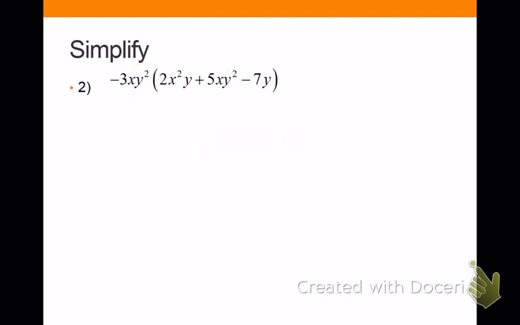Okay? Number 2. Doesn't get a whole lot more complicated when we add variables. Still going to distribute because I'm multiplying this monomial times this entire polynomial, this trinomial. So when we do, we take the negative 3 times 2 and get negative 6. X to the first times x squared is x to the third. Y squared times y is y to the third.